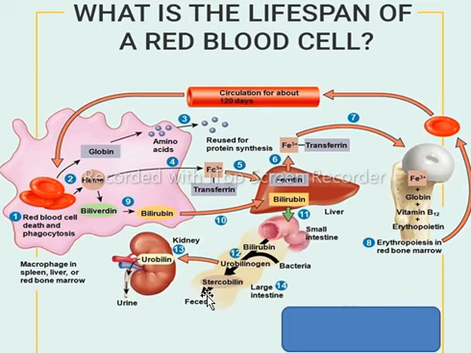Remember that when we obtain nutrition, it is absorbed in the small intestine, or the villi of the intestine. The main nutrients for erythropoiesis include amino acids, iron, globin, vitamin B12 and folic acid for synthesis of red blood cells.